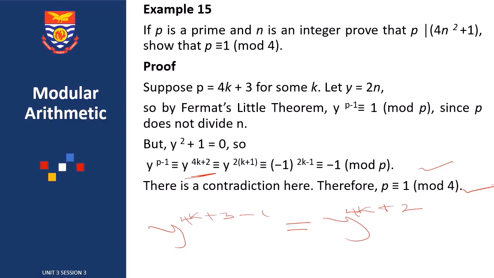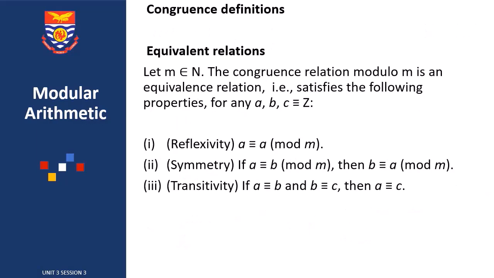So simple. Congruence definitions. Let m be a natural number. The congruence relation modulo m is an equivalence relation that satisfies the following properties for any a, b, c in the integers Z. First, a is congruent to a mod m, and that is reflexive. Every number is related to itself.